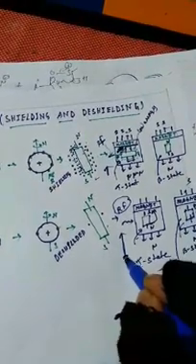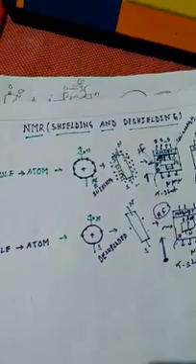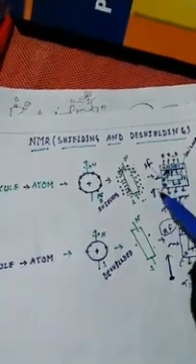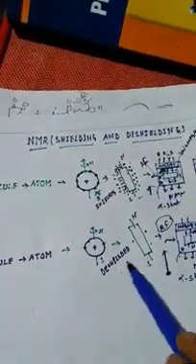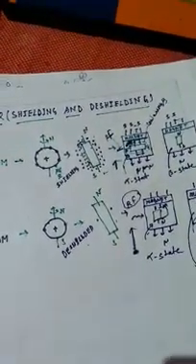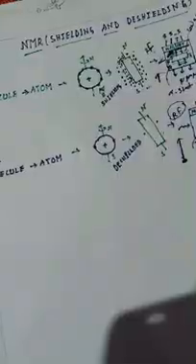In shielded nuclei they travel a low distance, thus lower energy is required, and in deshielded they travel a high distance, thus they need a high amount of energy.